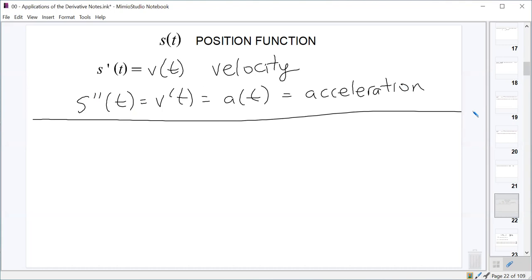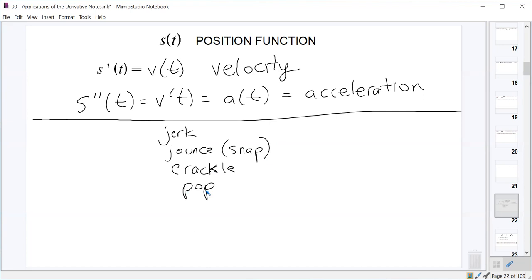In case you're interested, the derivative of acceleration is a function called jerk. And the derivative of jerk is another function called jounce, which is sometimes called snap. And then the derivative of snap, as you might guess, is crackle. And the derivative of crackle is pop.